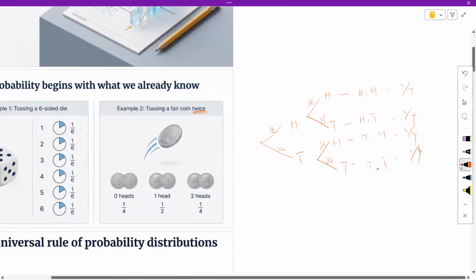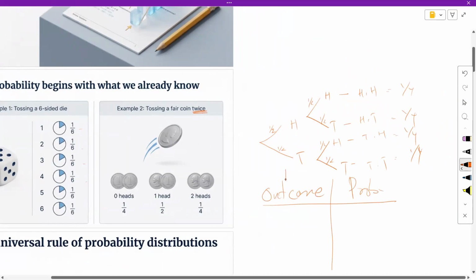We discussed this one in detail in the previous lectures. Now we make a table with the outcome and probability. Outcome: 1 head or 0 head.